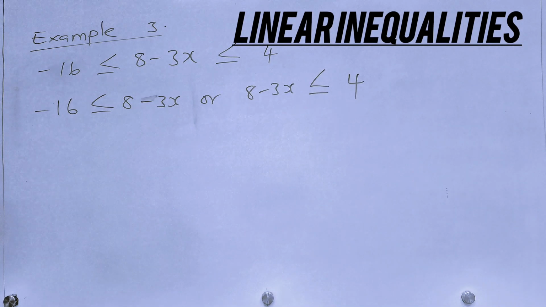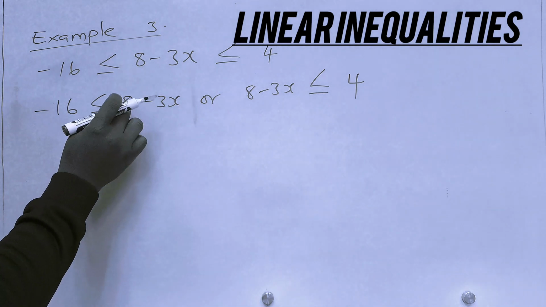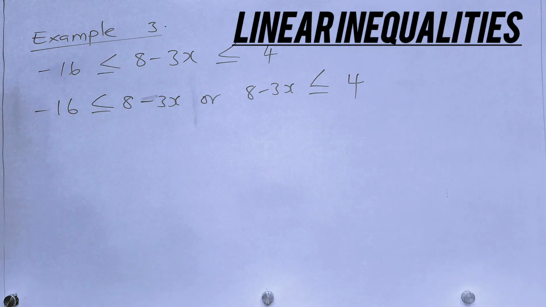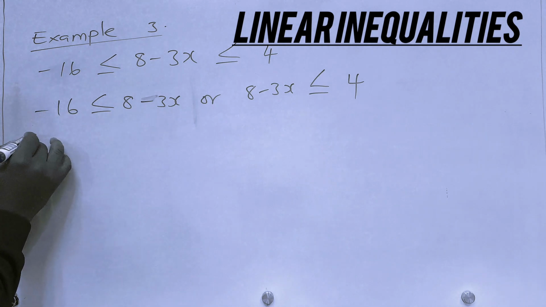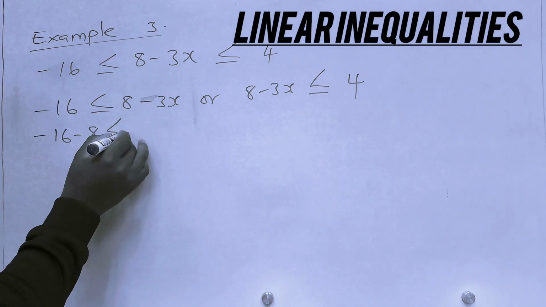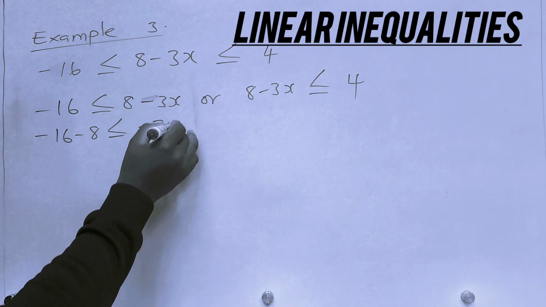After that, if the solution can be joined, we need to join it again to form a joint inequality. So in this case, we can take this 8 to our left hand side. It becomes minus 16 minus 8, which is less than negative 3x.